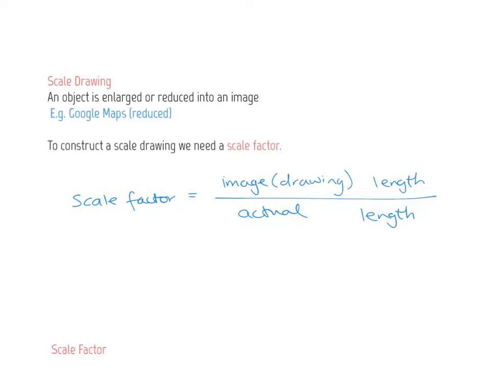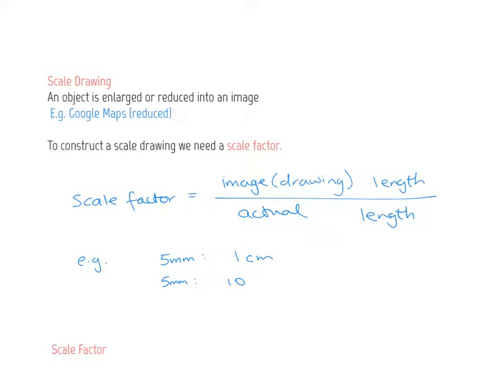All right, so for example, I could have 5 millimeters and the actual can be 1 centimeter. So then I need to convert 1 centimeter to millimeters. That would be 10 millimeters.